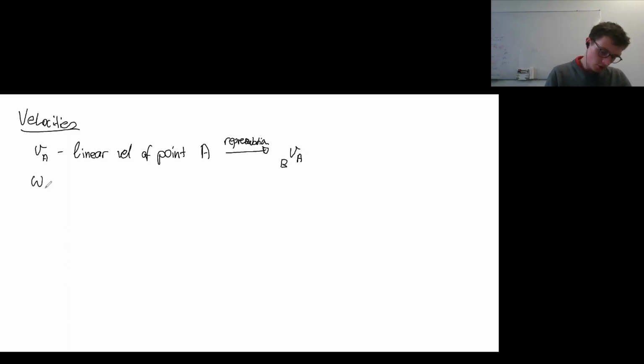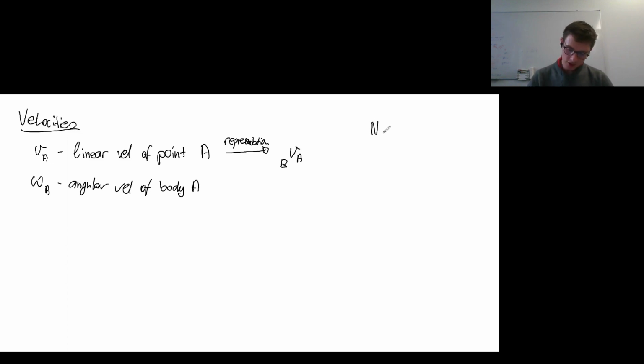And the same goes for angular velocities. Here we use omega. Omega_A is the angular velocity of, you cannot really say point A because points by themselves don't have an orientation, so let's say of body A, which is typically the body that A is attached to, so the whole entire link.